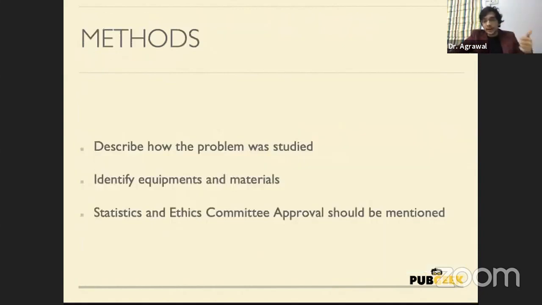So in methods, exactly what you have to write is: describe how the problem was studied, what methods you used, how you arrived at your target population. Again, the inclusion and exclusion criteria that we had already discussed. If you used any specific equipment, for example, a vernier caliper to measure the thickness of their skin fold, or some specific drug that you used, or a particular type of weighing scale that you used to weigh your participants in that study.